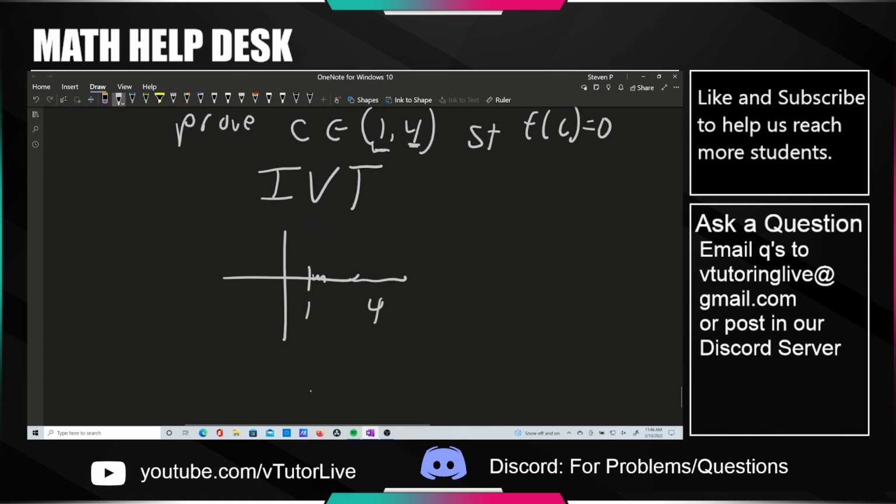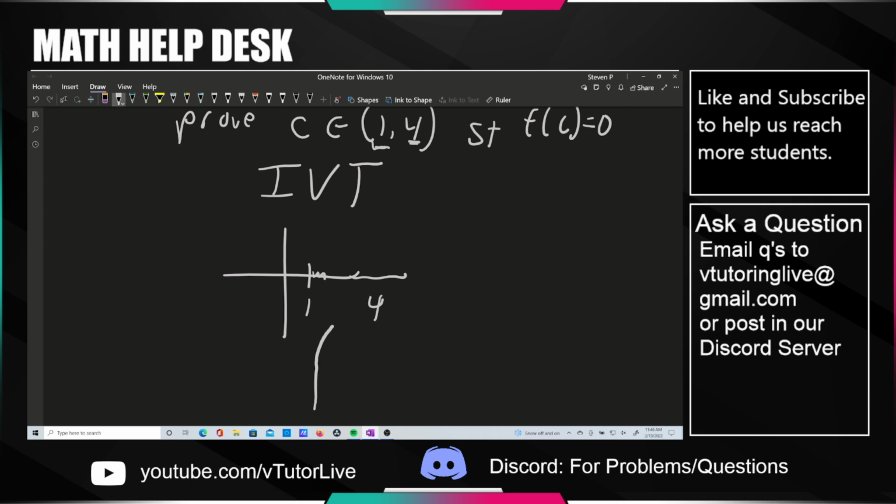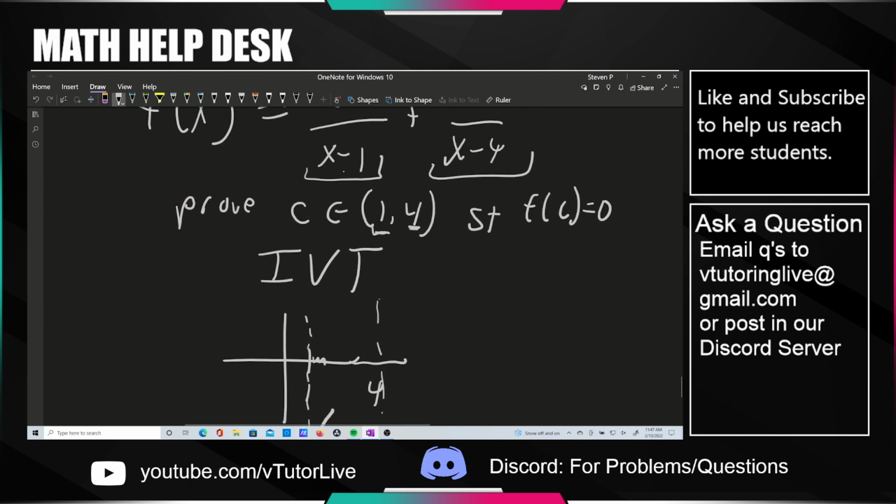So this looks to me like it's going to diverge down to negative infinity somewhere, right? So I'm going to draw that vertical asymptote, and similarly for 4.